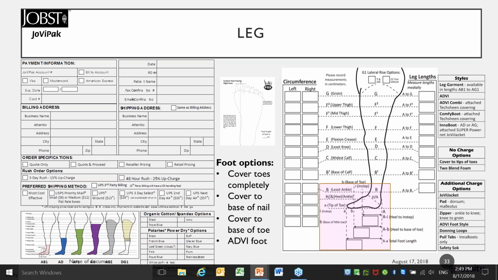And most importantly, the total foot length is required, even if you don't need a garment to go all the way to the end of the toes. Take that measurement from your tracing of your foot if you want to, and then include that in the bottom square of the order form there. Our formulary, again, is based on that total foot length.